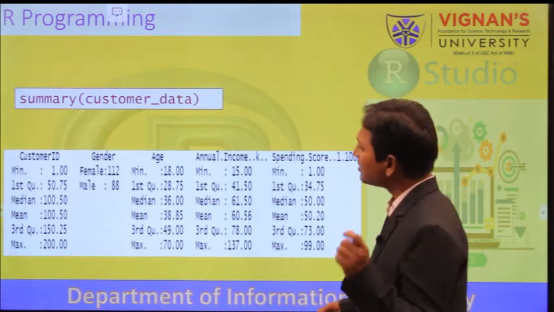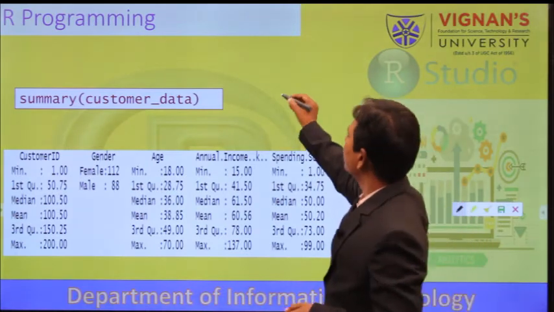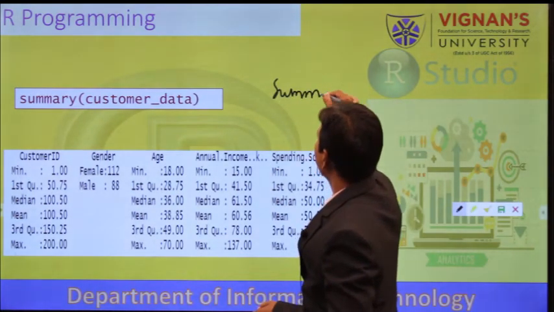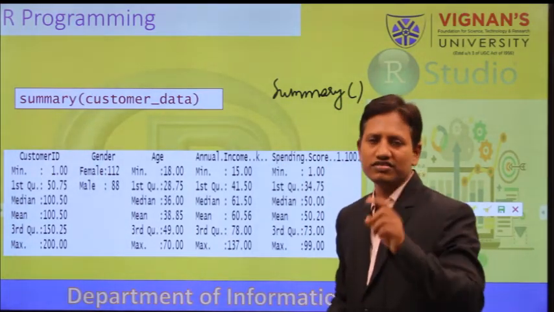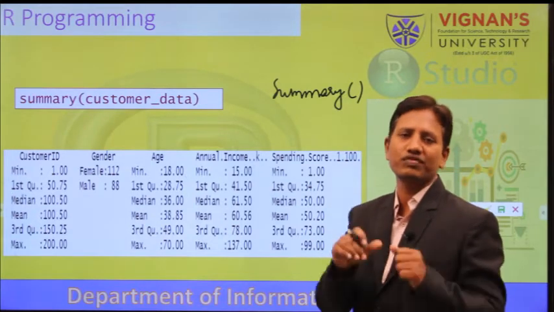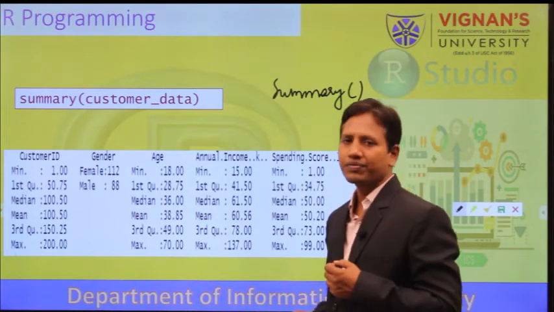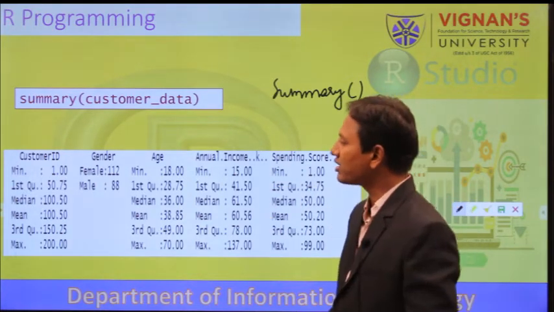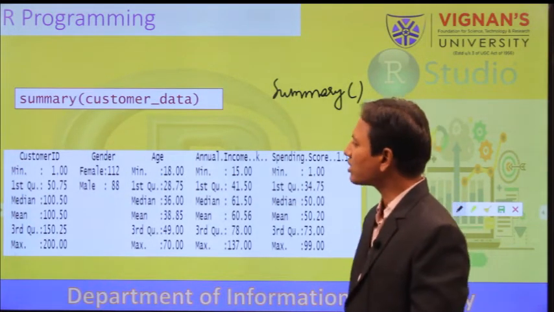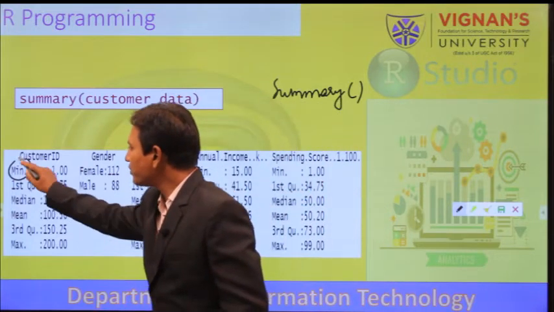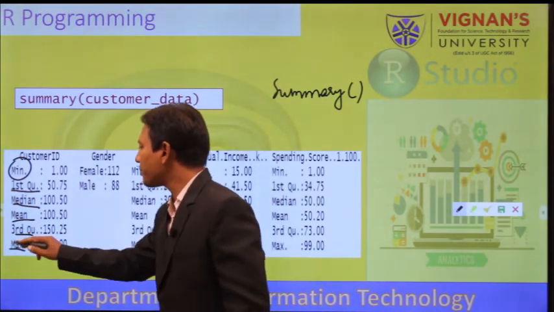We have another interesting function, that is summary. We have learned one function, str, that is structure; we can understand the structure of the data frame. Now here we wanted to check the summary, and this summary is going to return us 5 important statistical values. Those are the minimum value, first quartile, median, mean, third quartile, and maximum.